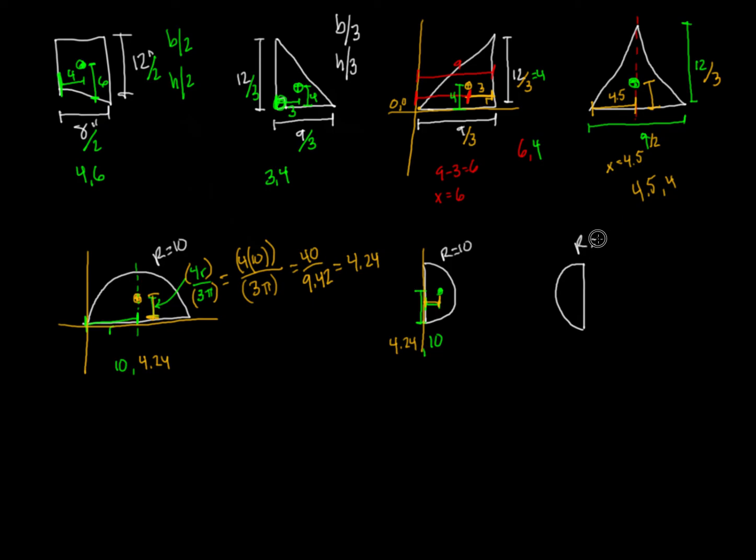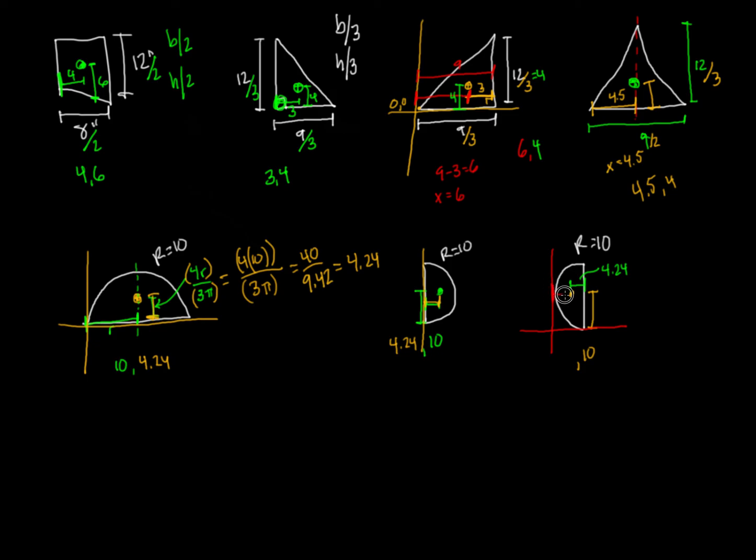Now what happens if it's like this? Again, radius of 10. Centroid there. So, look, our y has not changed. It's still 10. Now, when you do the 4r divided by 3 pi, notice what happens now. Now that distance is from here to here. That's 4.24. That is not the distance we need, though. What we're asking is how far is it from those axes.